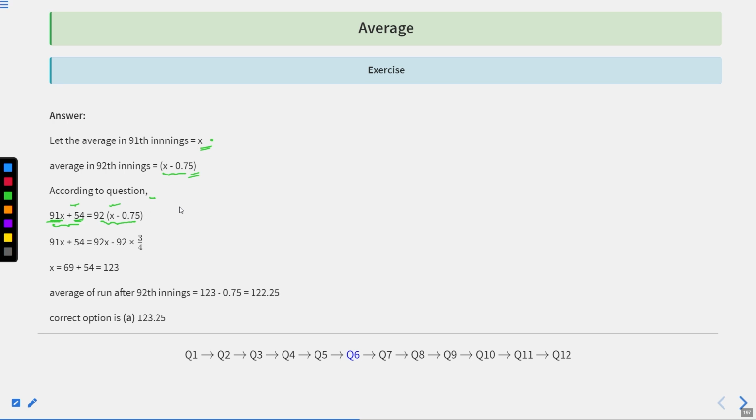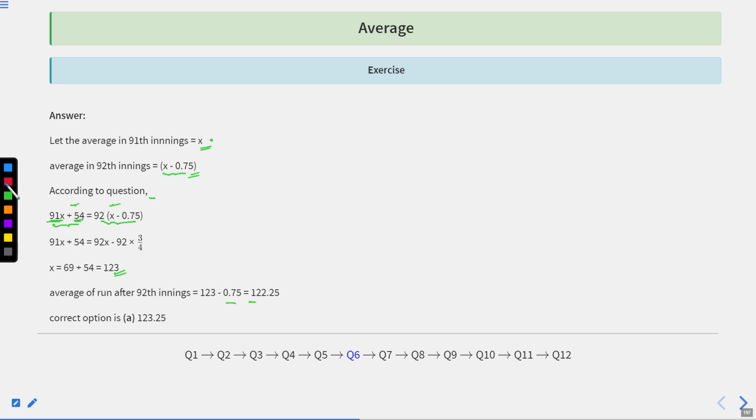Okay, so now I can solve it. So it will be 91x plus 54 equal to 92x minus 92 times 3 by 4. That will be 123. So x turns out to be 123. So the average of runs after the 92nd inning is 123 minus 0.75. So that is 122.25.